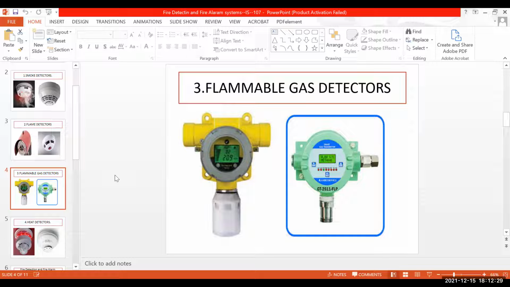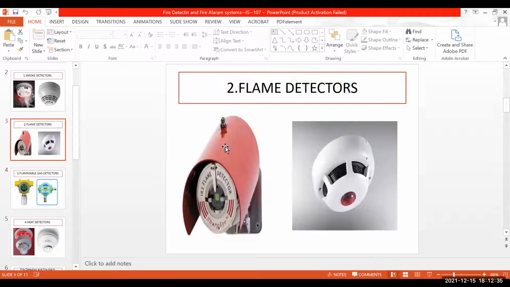You can identify those also in the process plants, with weather protection, same like this one, the red color one. This red color will be there for identification.